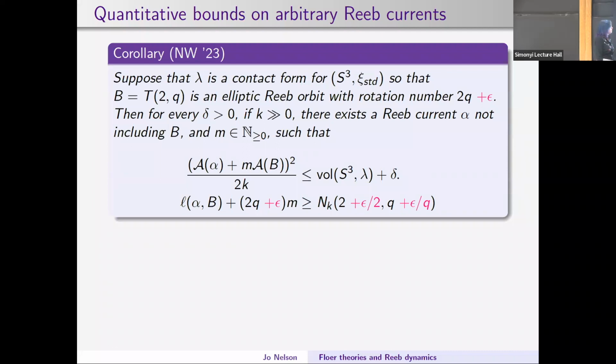And how do you get the existence of the second? You get the existence of the second because if this inequality is not true, then your not filtered ECH computation would not be valid, because you have to have a homologically significant generator that has this action and linking threshold.